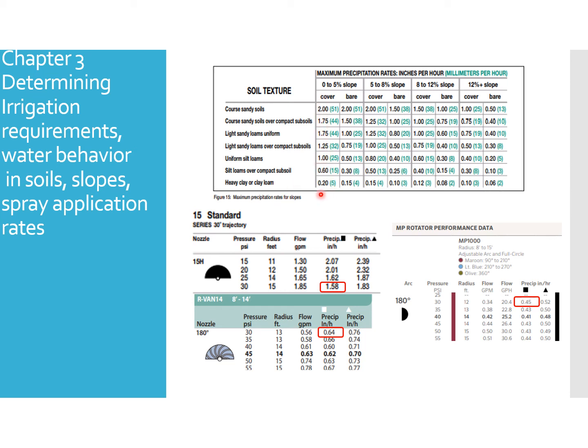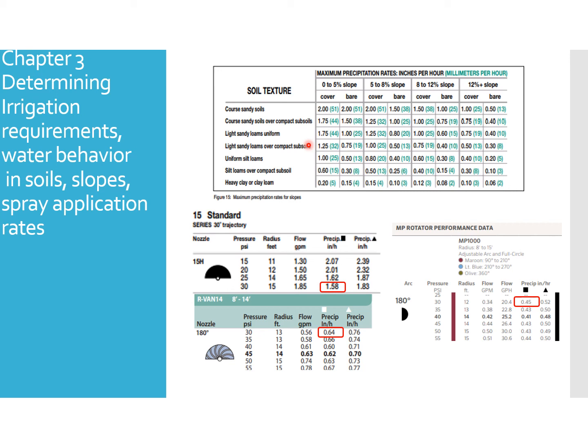You'll see that 0.20 is the lowest number here, and 2 inches is the highest. People's soil is going to fall somewhere in between those two numbers. Now imagine for a minute, normally we're talking about sprinkler precipitation rates or drip irrigation systems, how much water is being applied to an area in inches per hour.